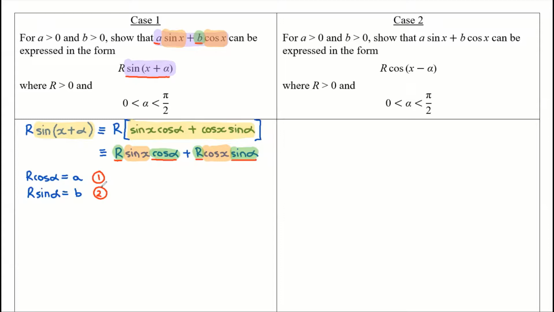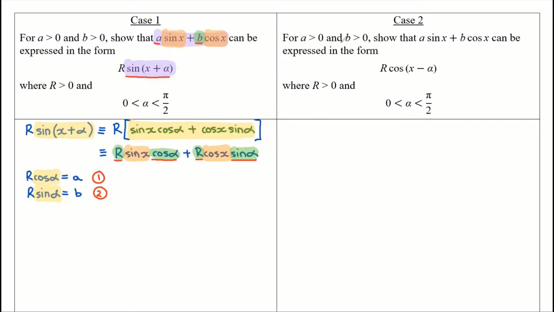If you look back at your warm-up, you'll see a question where we dealt with this very thing. Is there some way of combining these two equations so that we can figure out what this alpha is? The clue is in the fact that we have sine alpha and cos alpha. And if you haven't screamed it at the screen yet, I will put you out of your misery.